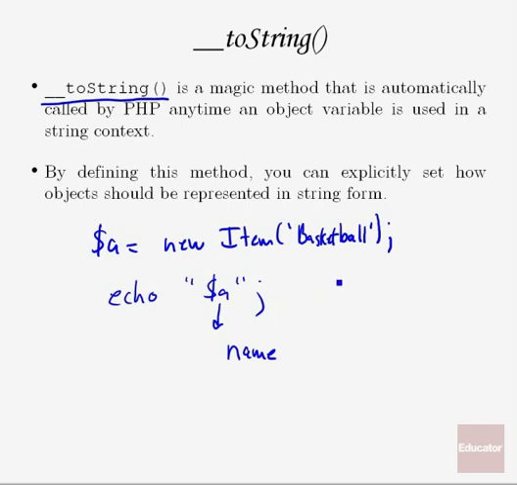And then what you'd get output would be the string basketball, which would be the name of the object, assuming our toString method returns the name of the item as the string that it wants to represent the object as. So in this toString method you can represent an object in whatever string form you want.